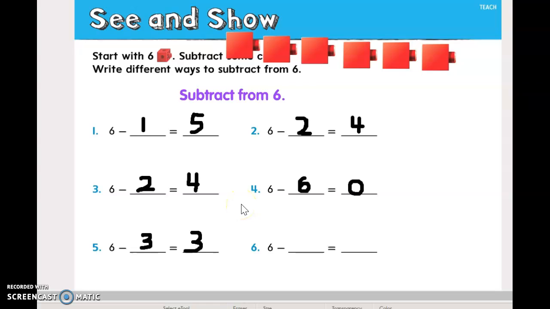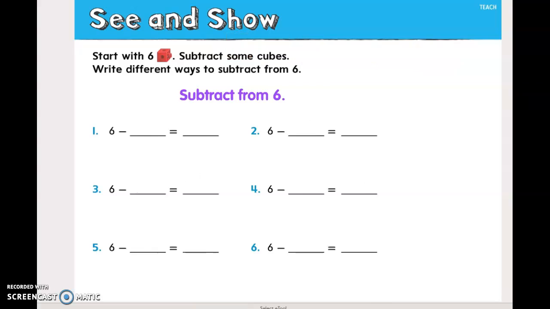We did 6 take away 1 already. 5, 4, 3. Oh, I know. We didn't do 6 take away 4. Let's do that. 6 take away 4 equals 2. Okay, I'm going to do that again, but not put the blocks up there again. I think I haven't had enough coffee yet this morning.